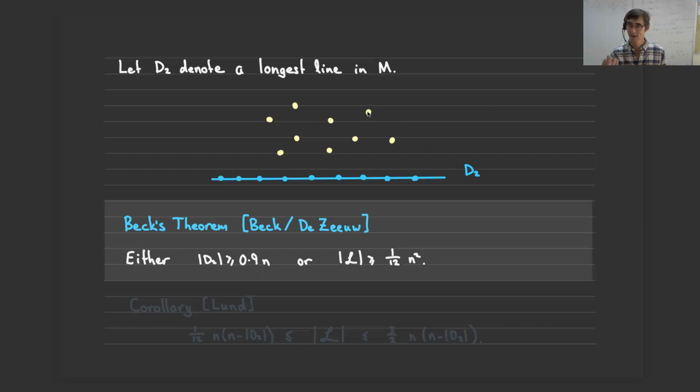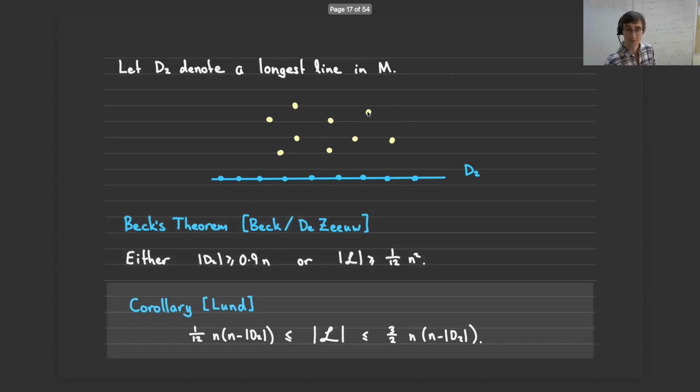And you're going to get basically the number of yellow points times the number of blue points, in that order of lines. So using that reasoning, it's an easy application of Beck's theorem to get that the right estimate that you're looking for is n times n minus the length of the longest line. So that's a good estimate on the number of lines.